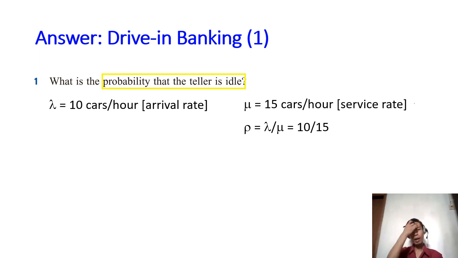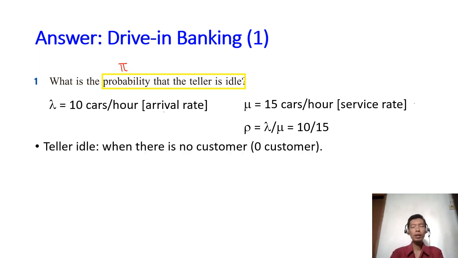What is the probability that the teller is idle? When we're talking about probability here, it means that we're going to calculate something related to pi, because remember pi is the steady state probability in the queuing system. Now let's think about the condition. The teller is idle when there is no customer, right?